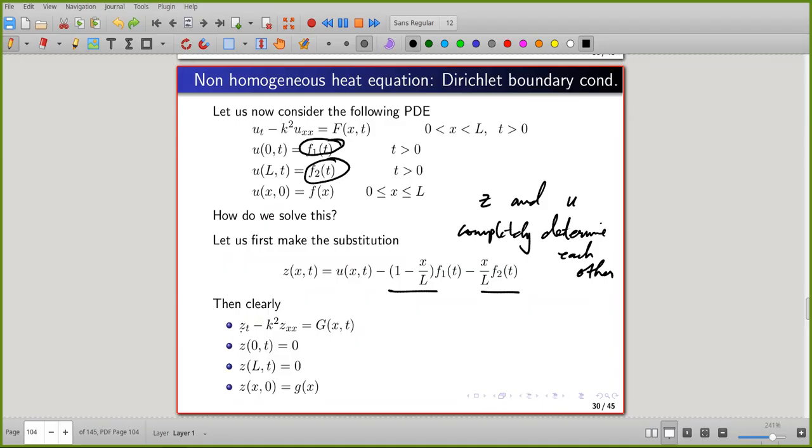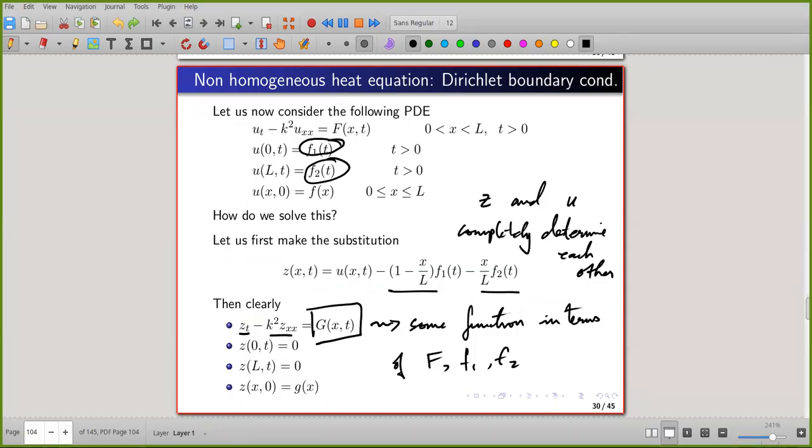And when we compute z_t minus k squared z_xx, we are going to get some function g(x,t). So g is going to be some function in terms of f, f1 and f2.